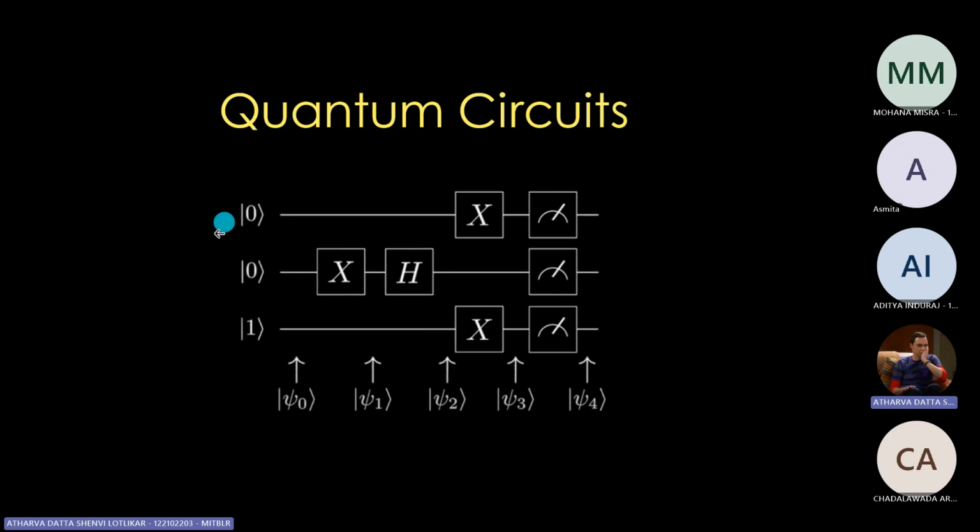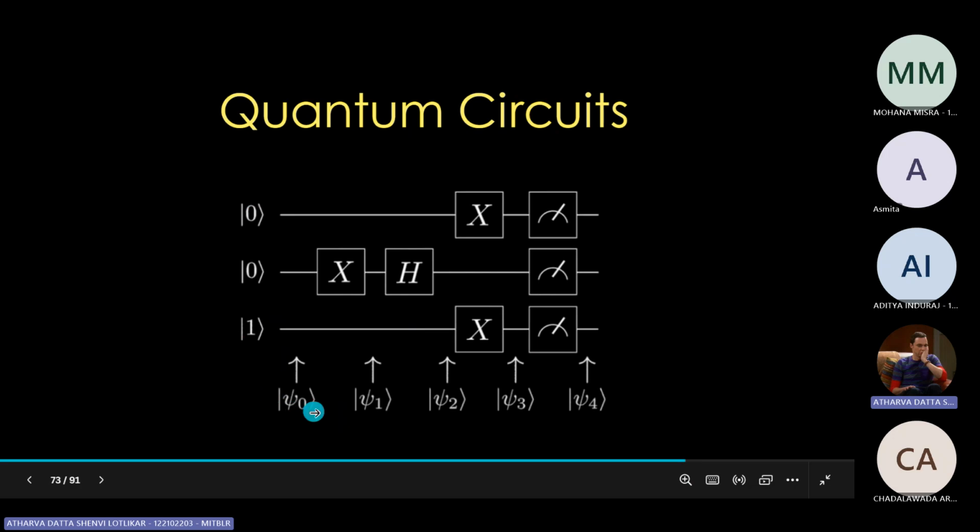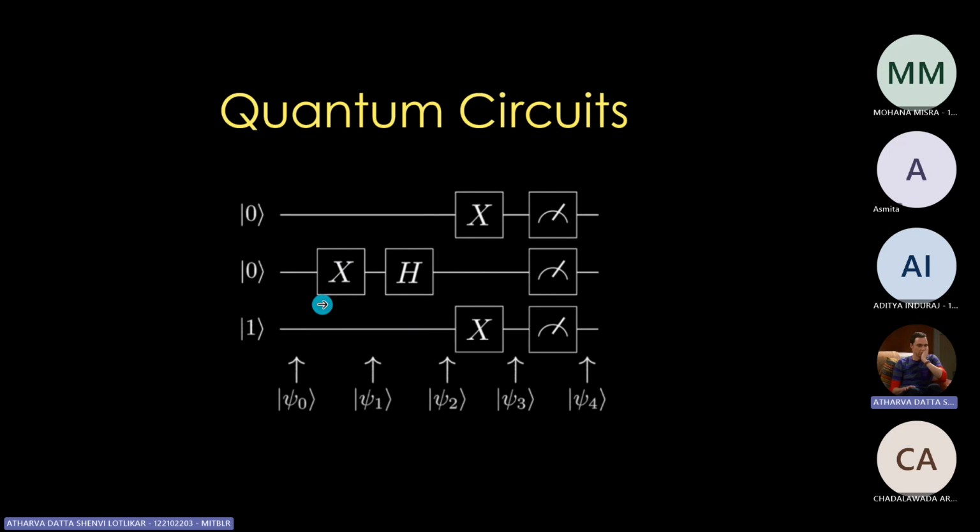Here are your qubits, your superpositions, your ket vectors, and down below you have phi 0, phi 1, phi 2, phi 3, phi 4. These are all positions at which you observe the quantum gates' computation.